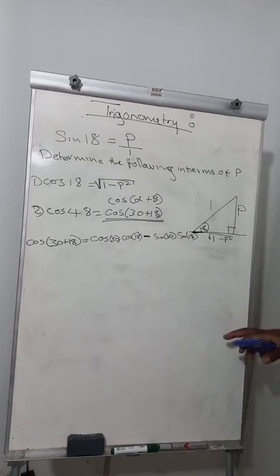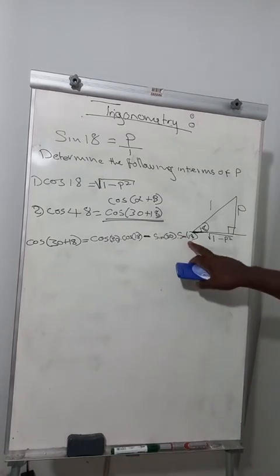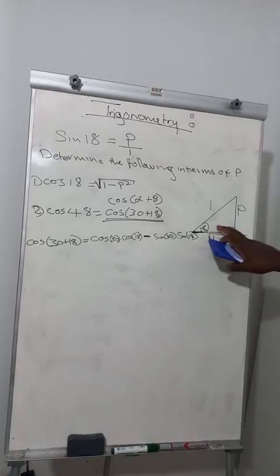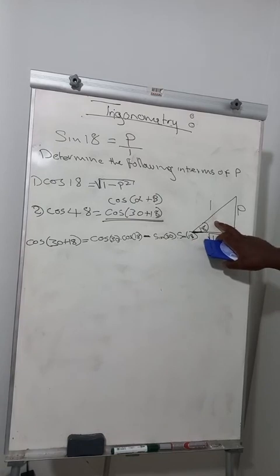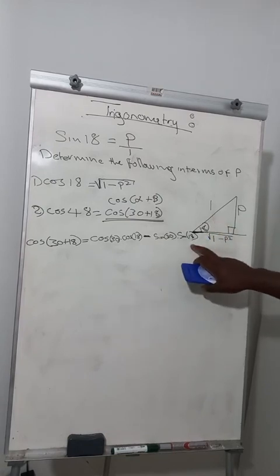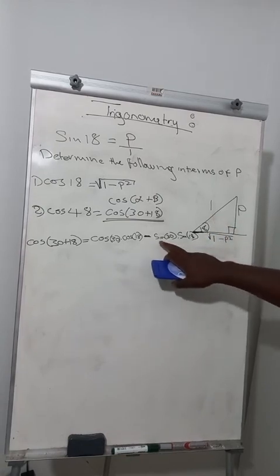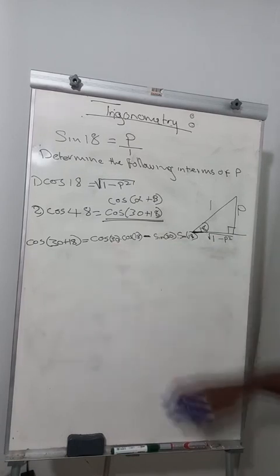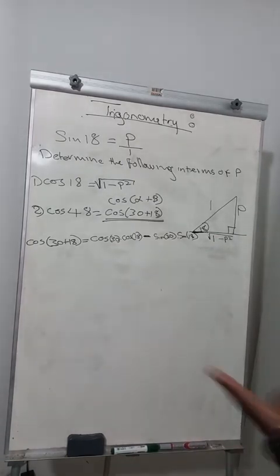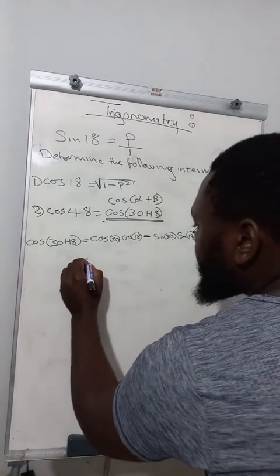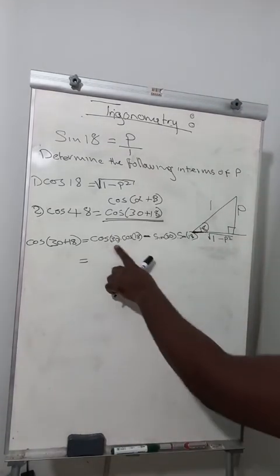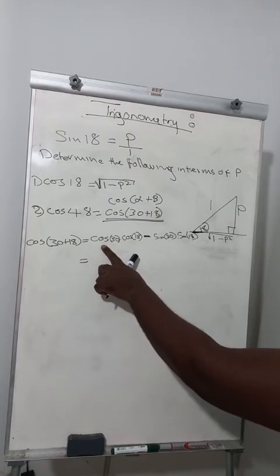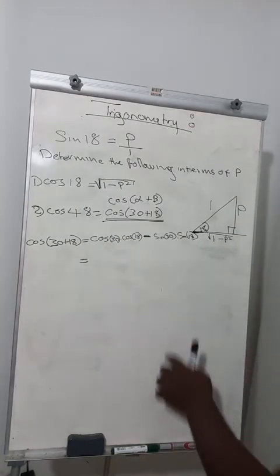Do you see now that we have this angle, which is within this triangle here? We do have the 18 here, and also the 18 here. For sine 30 and cos 30, you can use special angles. Every time you're substituting in trig, try not to use a calculator for a special angle.